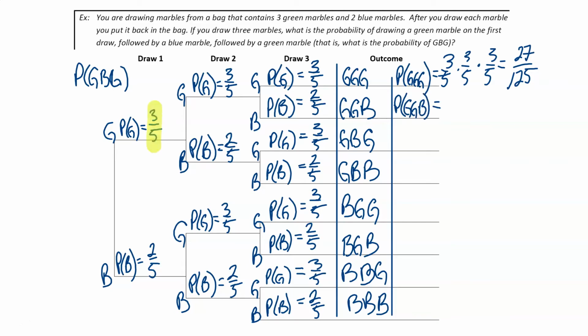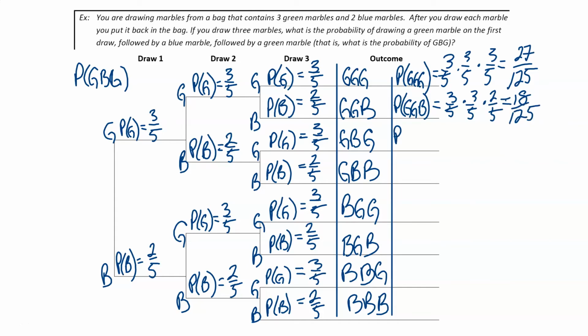This time we've got a probability of 3 out of 5, another 3 out of 5, but then the probability of blue is 2 out of 5. So in this case, it's 3 out of 5 times 3 out of 5 times 2 out of 5, which is equal to 18 out of 125 this time.